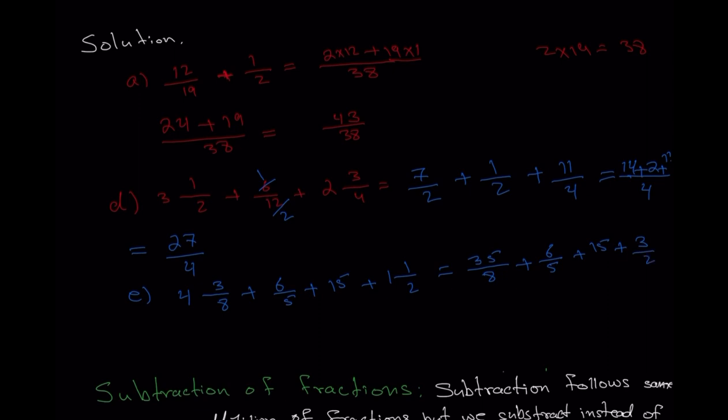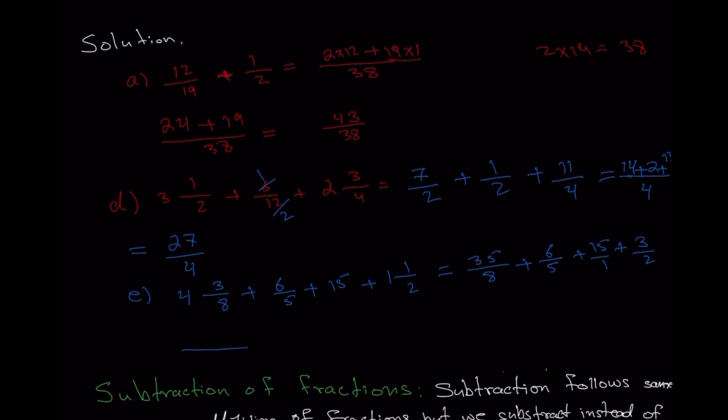We have to find a common denominator, because they have different denominators. Any number that doesn't have a denominator, their denominator is 1. So the common denominator will be, I think, 40, because the easiest way is to multiply these numbers, which will be 40. 40 is divisible by 8, by 5 and by 2.